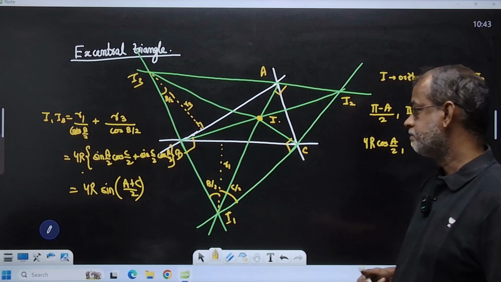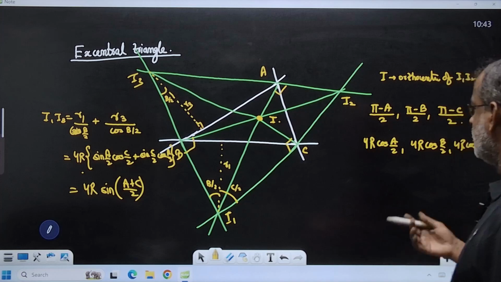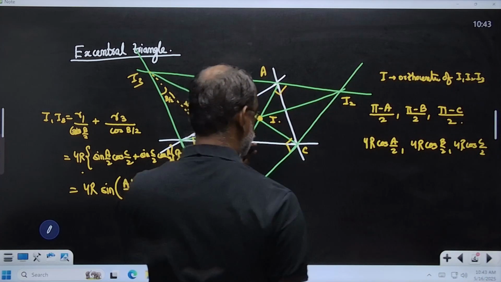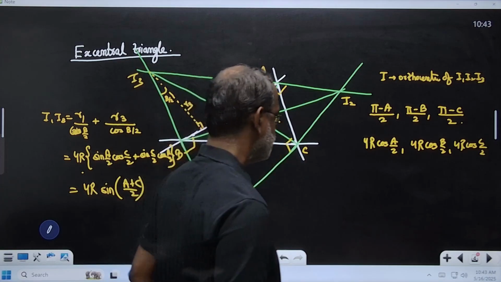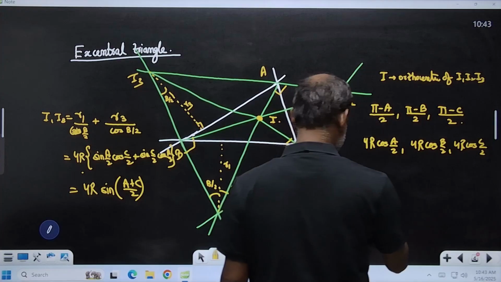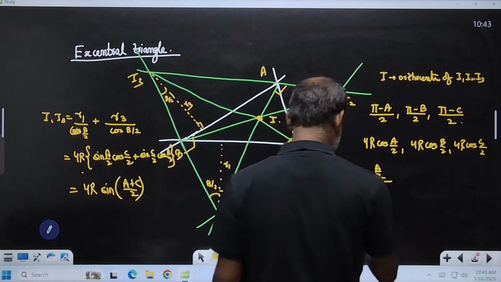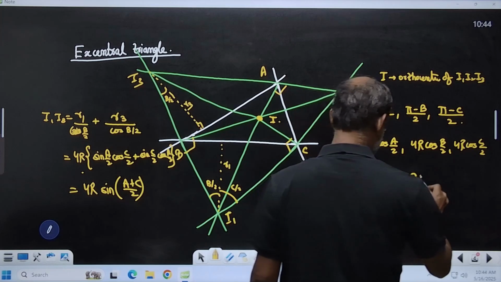Further, in radius, suppose somebody says what is the circumradius? So, A by sin A is 2R.